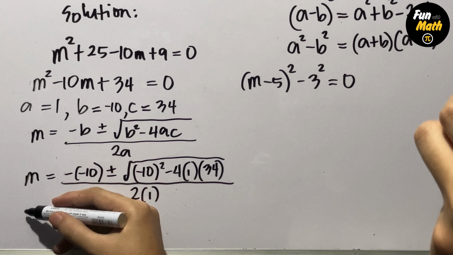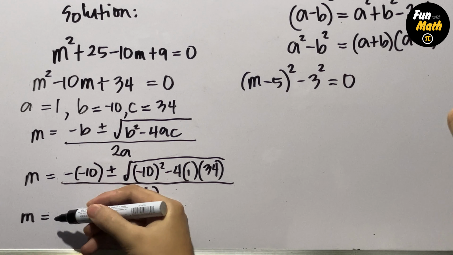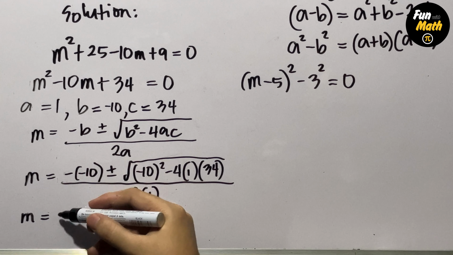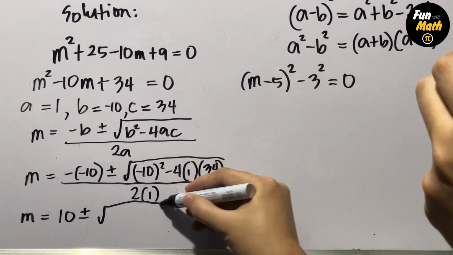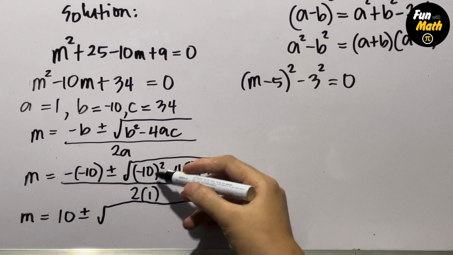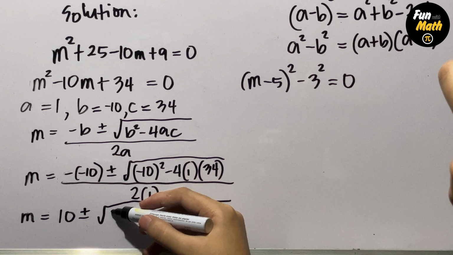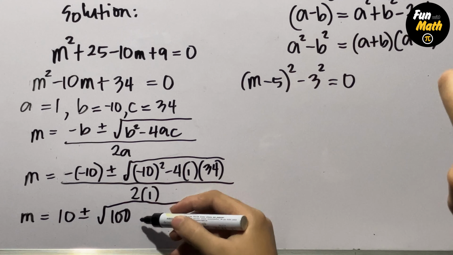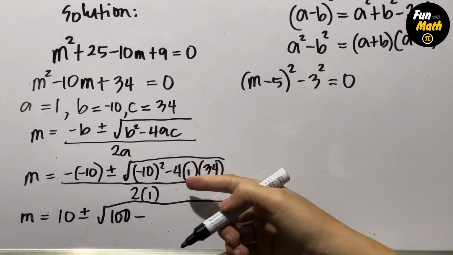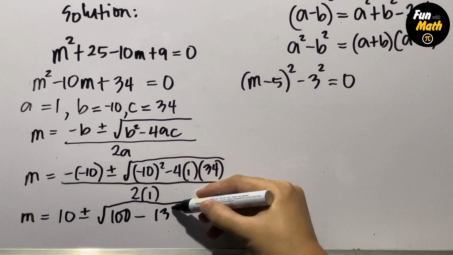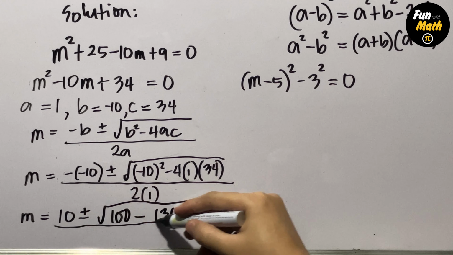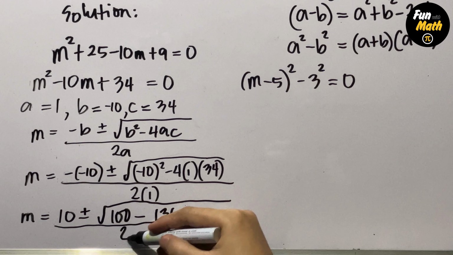Now next, m is equal to negative times negative 10, that is positive 10, plus or minus the square root of negative 10 squared, that is positive 100, minus 4 times 1 times 34, that is 136, all over 2 times 1 is 2.